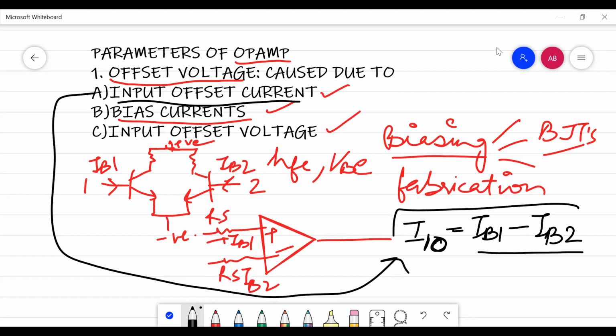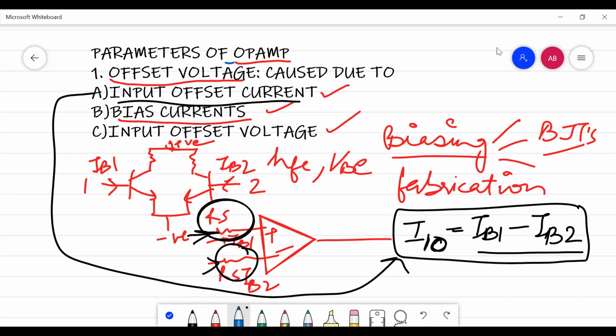And now because of this current that is flowing through this, there will be a voltage produced in the source resistor, and because of which this offset voltage is generated.